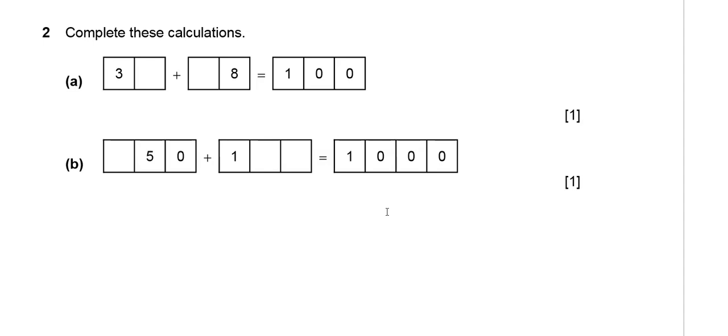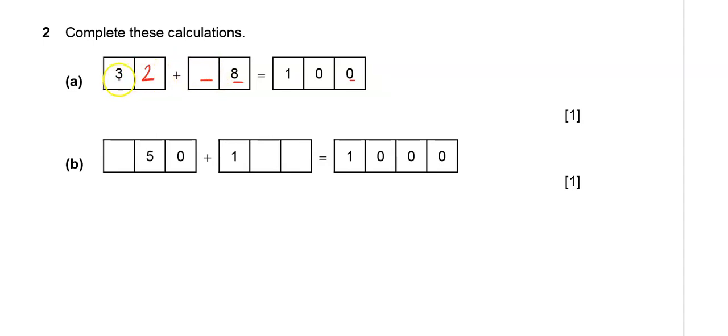Question number 2. Complete these calculations. Of course, 3 dash plus dash 8 gives us 100. Any number that you add with 8 to get 0, that number should be 2. So the 3, 2. And therefore, we have a number here which, when you add 8 plus 2, gives 10, and that carries 1.